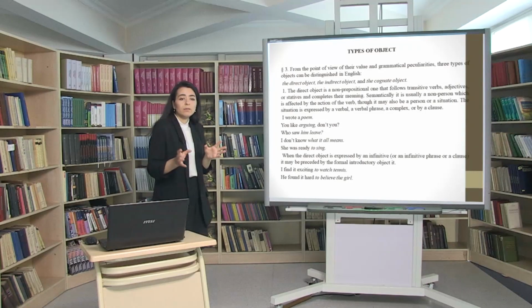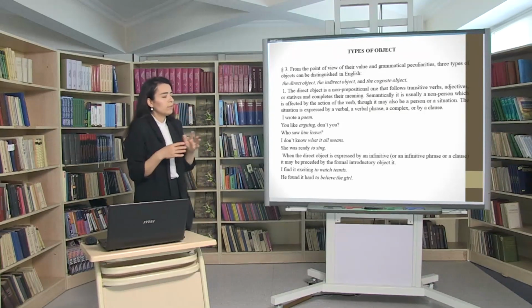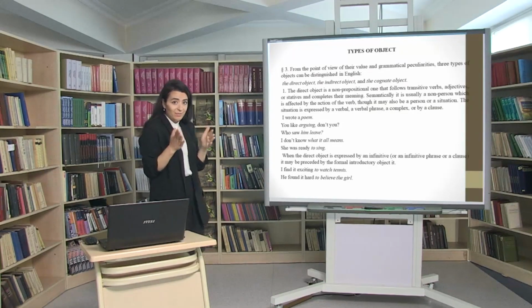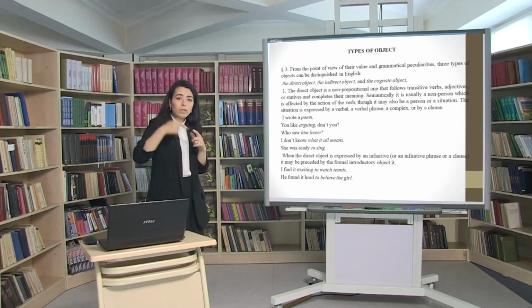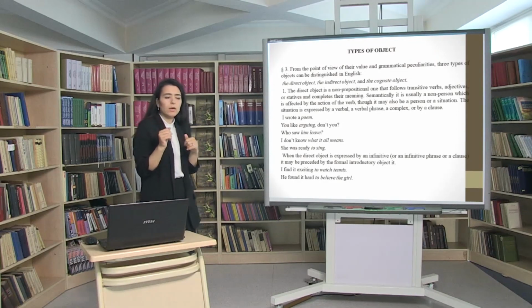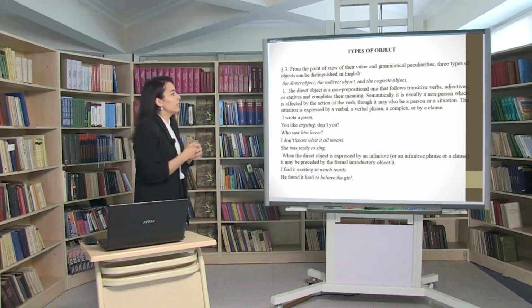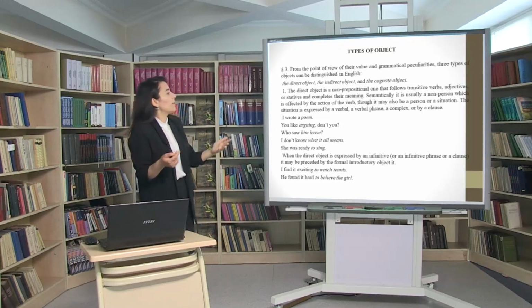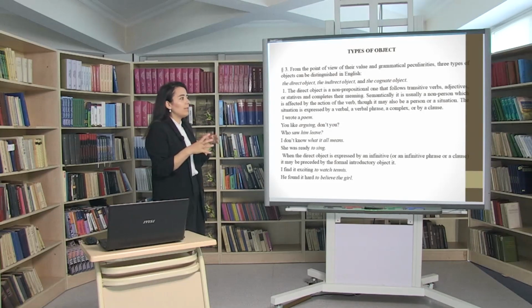A direct object is a non-prepositional object, and it is preceded by transitive verbs, adjectives, or states, and complements their meaning.